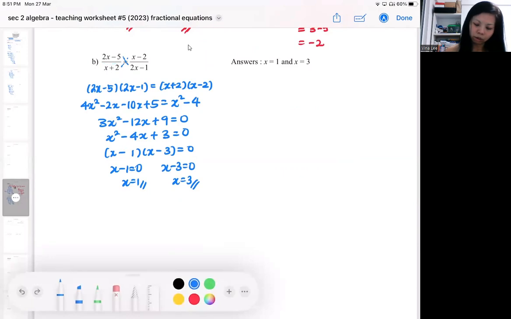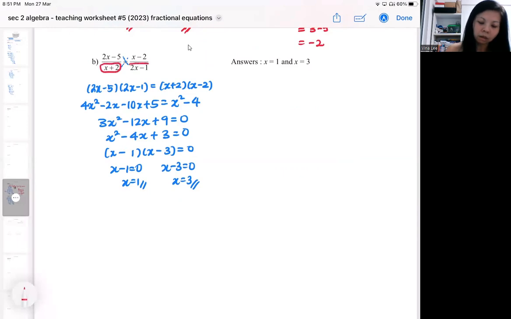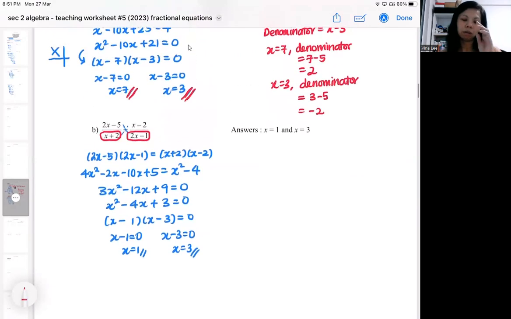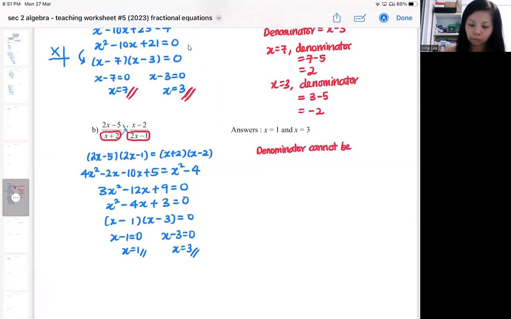So let's go to the logic of checking. It doesn't matter that you have two denominators. In our fractional equation, you cannot afford the denominator to be zero. So the idea is the denominator cannot be zero, because when the denominator is zero, if you punch the calculator, it's a math error. I'm going to check the first denominator. It cannot be zero, so x cannot be -2.